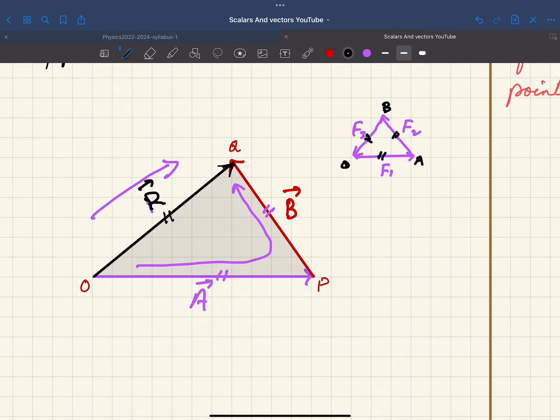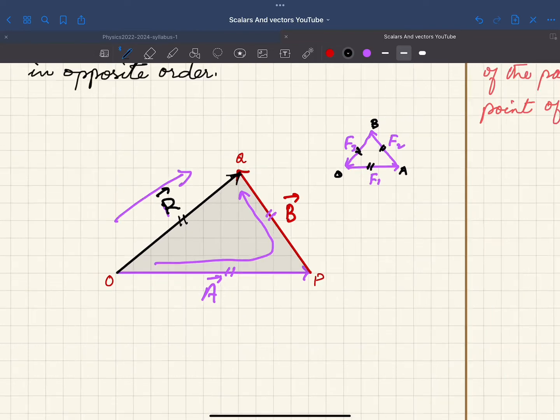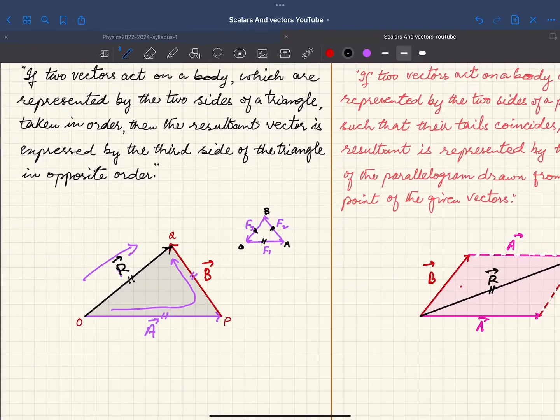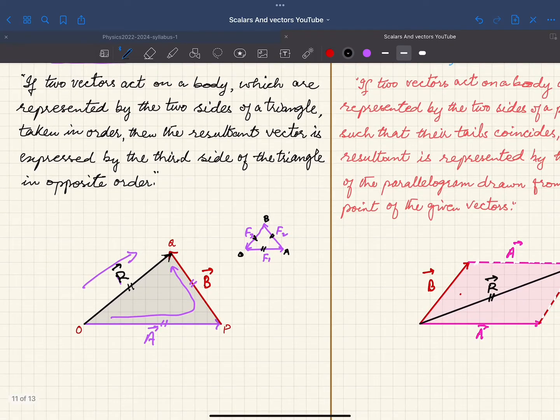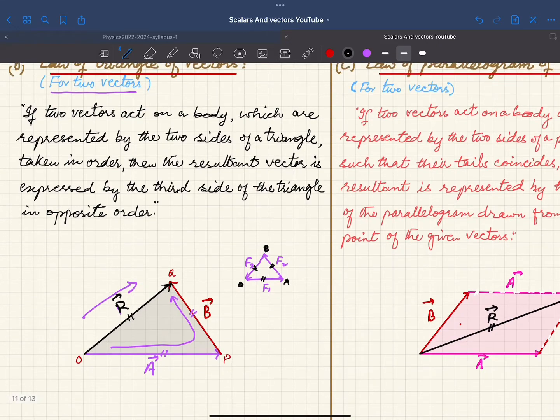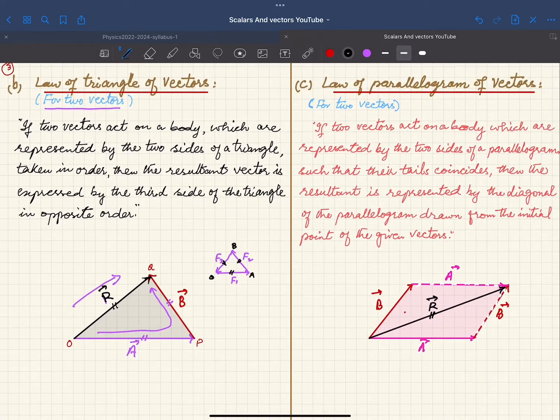There is no resultant. And when the resultant force is 0, you can say the body will be in equilibrium. So this type of application we have, and in a number of cases, particularly in the case of forces, this will be a very useful method, and this is termed the law of triangle of vectors.